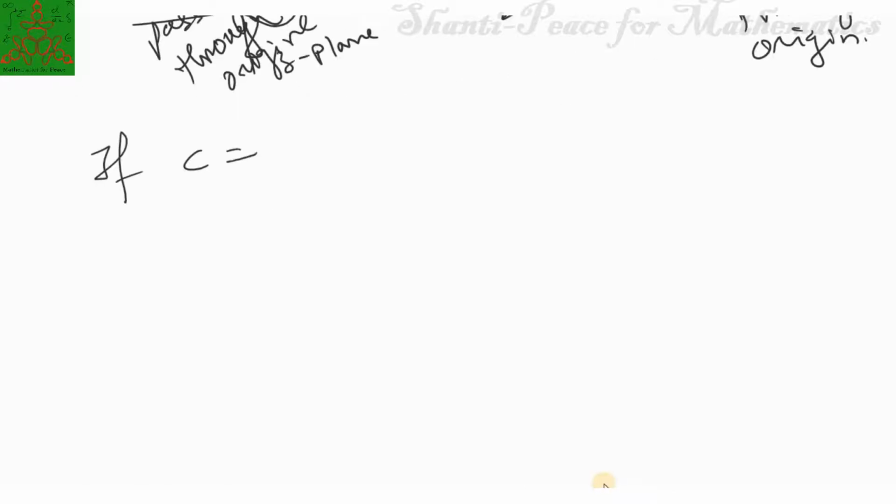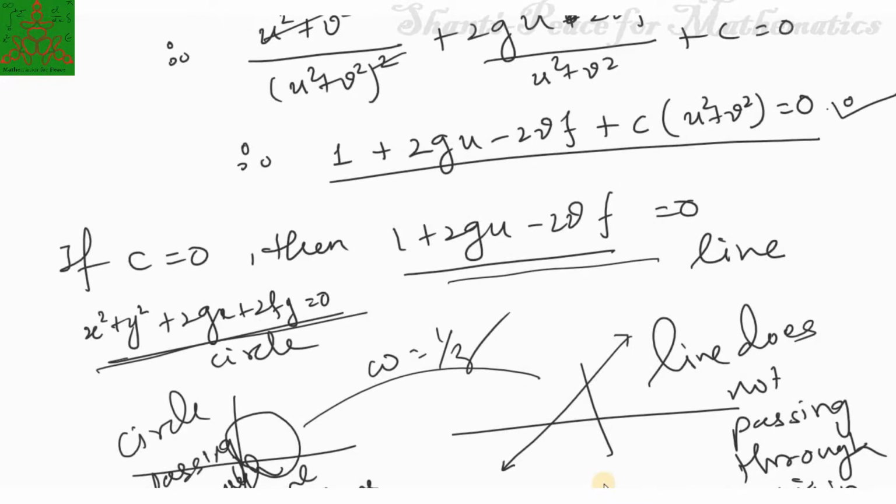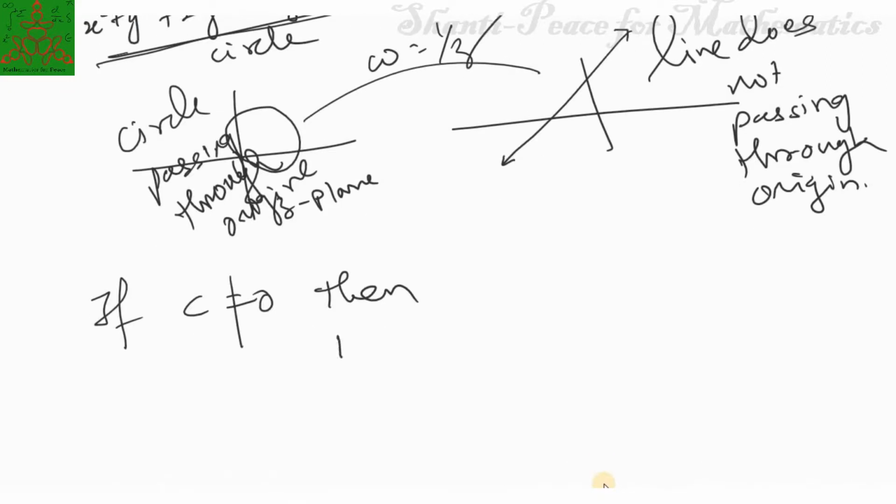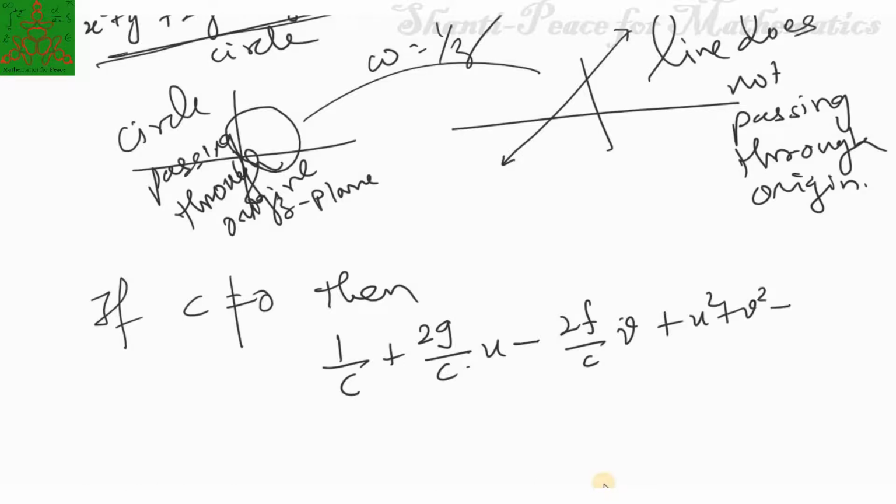If c is not equal to 0, then dividing both sides by c, this equation can be written as 1 upon c plus 2g by c u minus 2f by c v plus u square plus v square equal to 0. Now this will represent a circle if this term square plus this term square minus this is greater than 0.